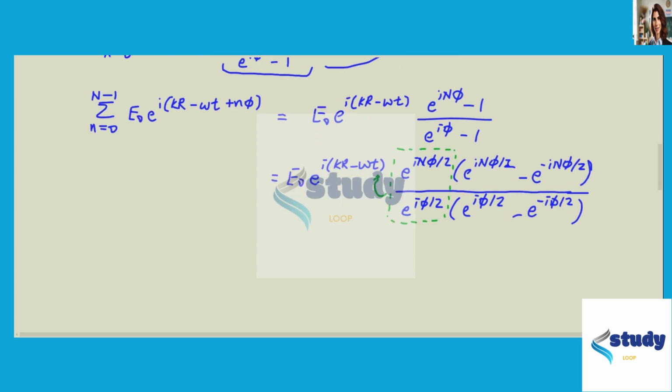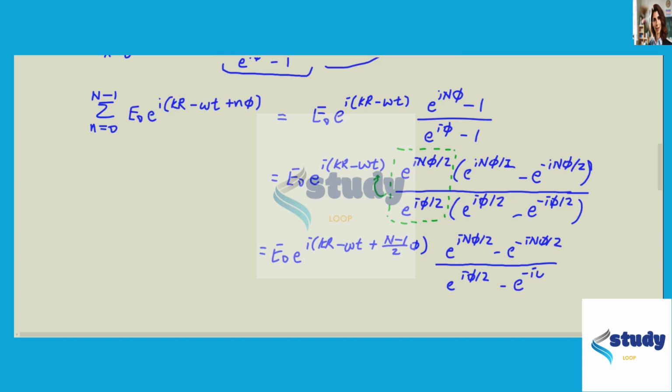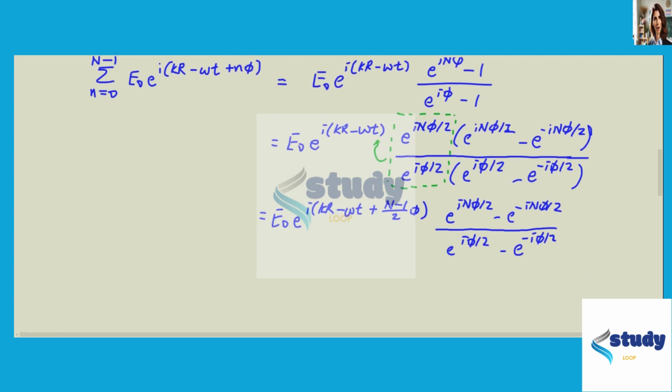So we have e naught e to the i(kr minus omega t plus (n minus 1) divided by 2 phi), times e to the i n phi divided by 2 minus e to the minus i n phi over 2, divided by e to the i phi over 2 minus e to the minus i phi over 2. Alright, so this is what we managed to get.